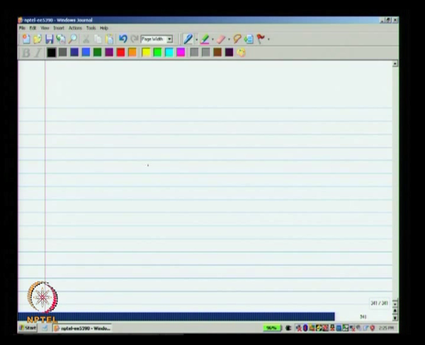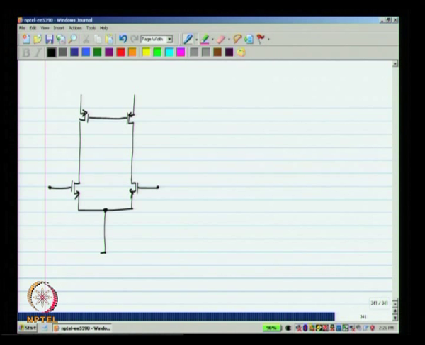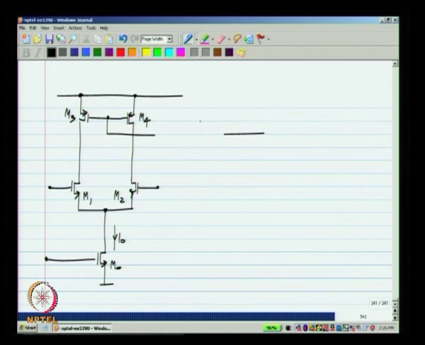Now, we have discussed the other circuit quite extensively, that is when we have a fully differential circuit, and let me show it right here.